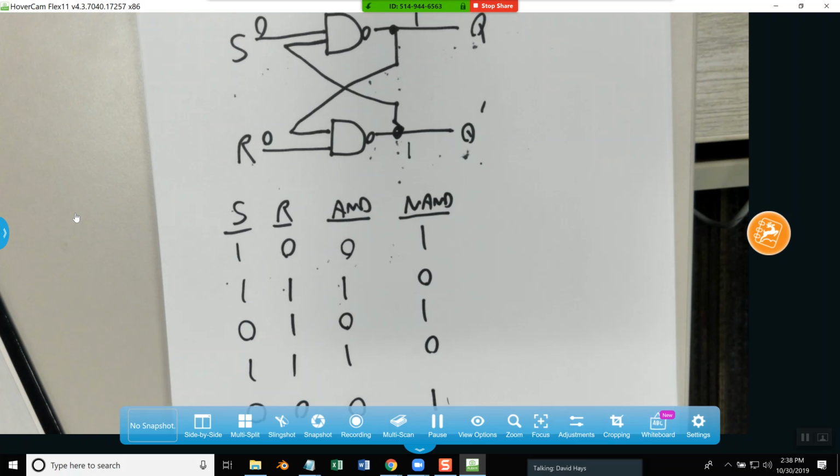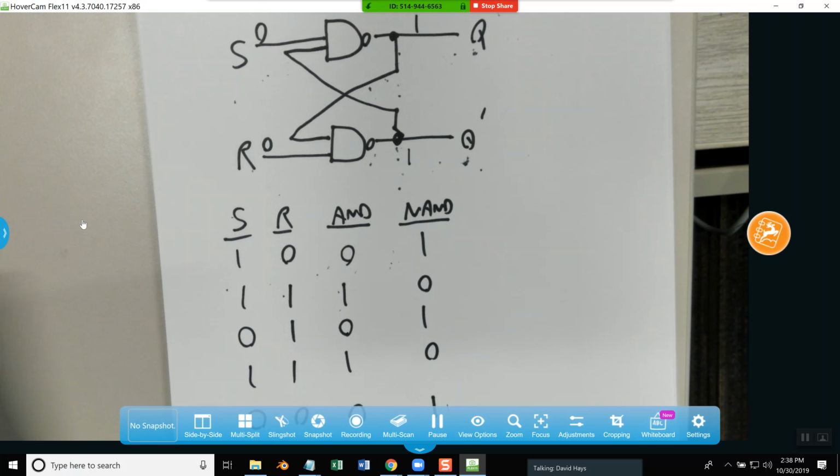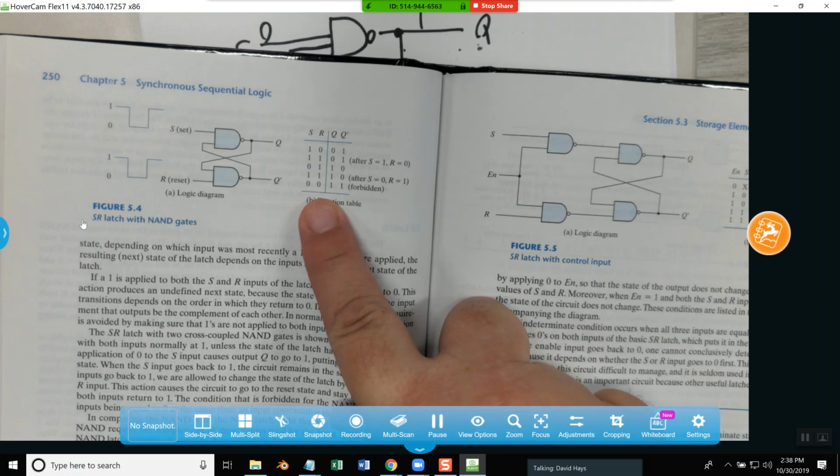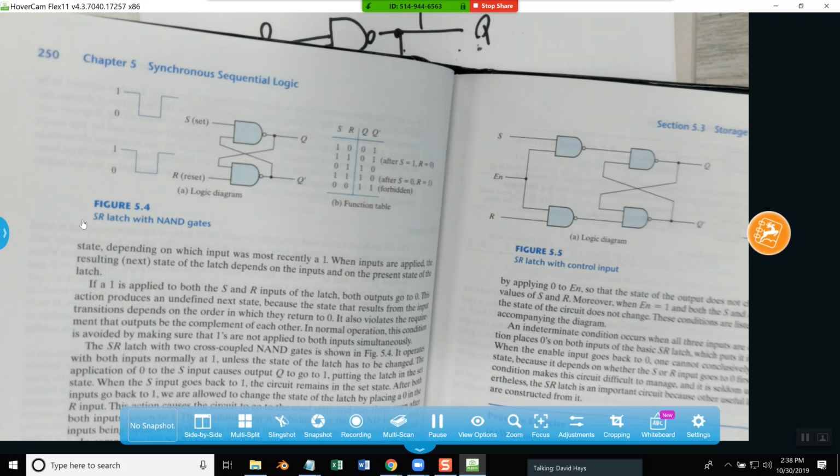The SR latch with 2 cross-coupled NAND gates is shown in this figure. It operates with both inputs normally at 1, because a 0, 0 would give you that forbidden state. Okay, so I have 1 and 1 coming in.